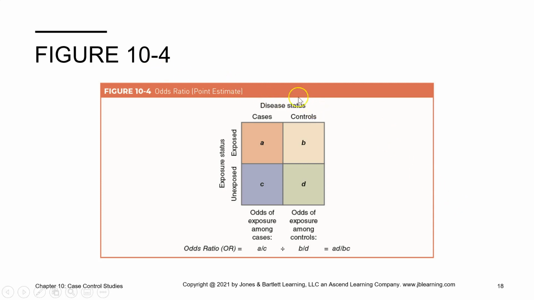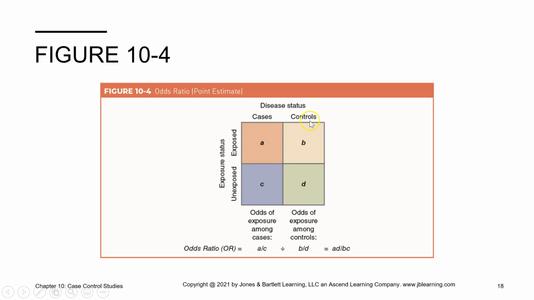Our disease status is across the top. Our cases are the first column. The controls are the second column. Then we have our exposure status in the rows, with exposed first and unexposed second. So A represents people who are cases who were exposed.